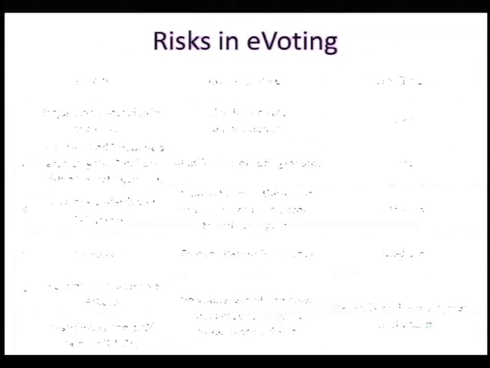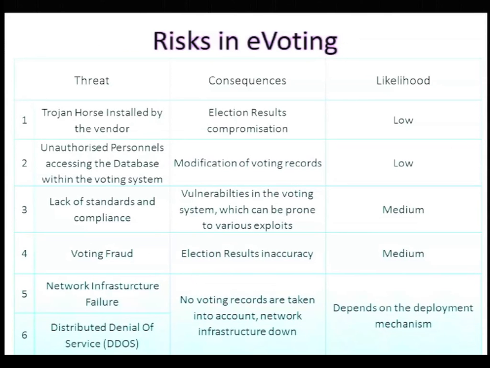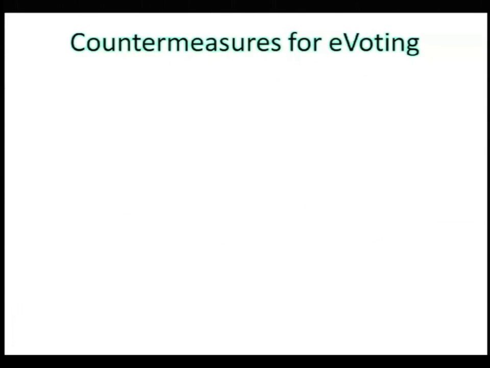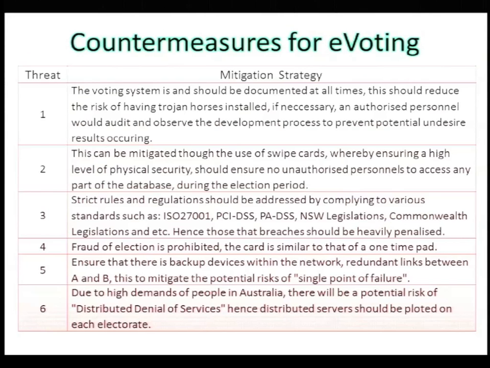Such risks, as you can see in the table here, include Trojan horse, unauthorized personnel, lack of compliance, voting fraud, infrastructure failure, and denial of service, the common one. As countermeasures, of course, we build redundancy. This threat table correlates back to the previous risk table that I've identified for you.